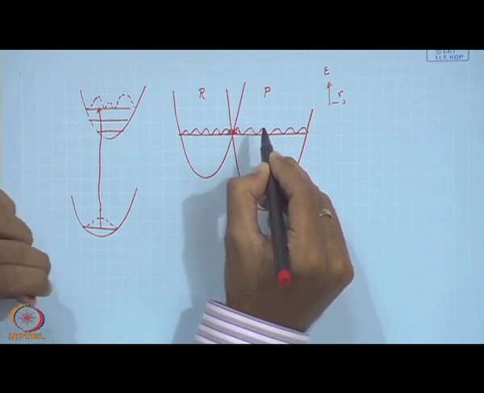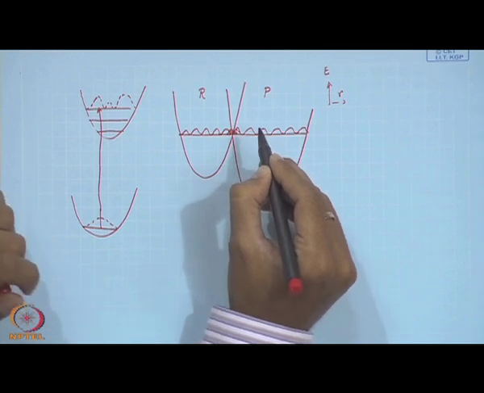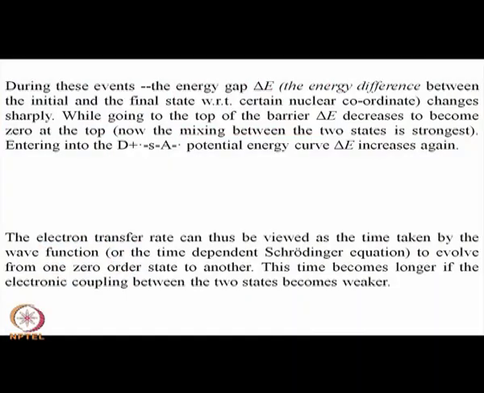If we want to understand the influence of Franck-Condon factors in relation to the Marcus theory, then we should consider the Marcus theory from the point of view of this quantum mechanical tunneling. Also, this Marcus inverted region can be well described in terms of the nuclear tunneling phenomena, which we cannot explain with the help of classical theory.